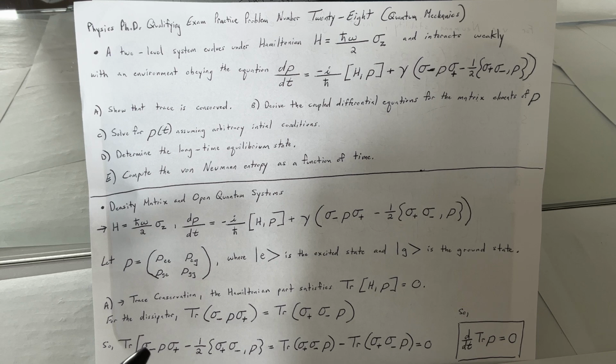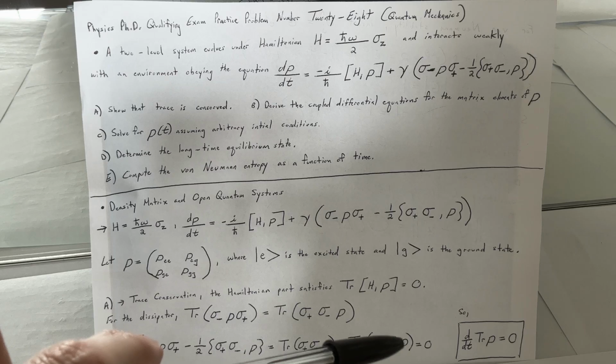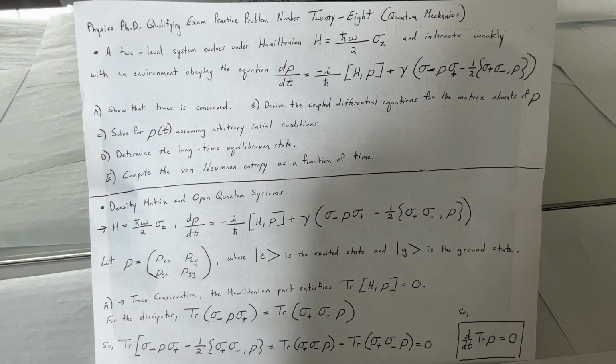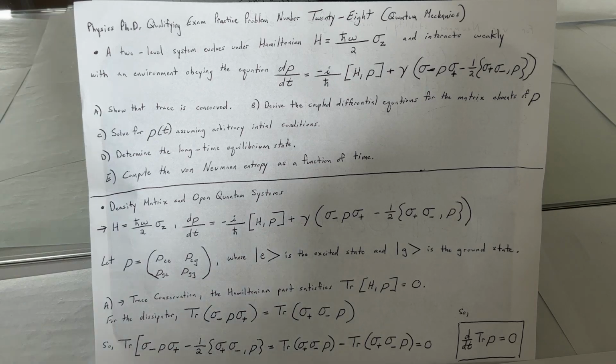So we have the trace here, bracket sigma minus rho sigma plus minus 1/2 the anti-commutator sigma plus sigma minus rho. That equals the trace of sigma plus sigma minus rho minus the trace of sigma plus sigma minus rho, and that equals 0. So d/dt trace rho equals 0. Okay, so that is part A.